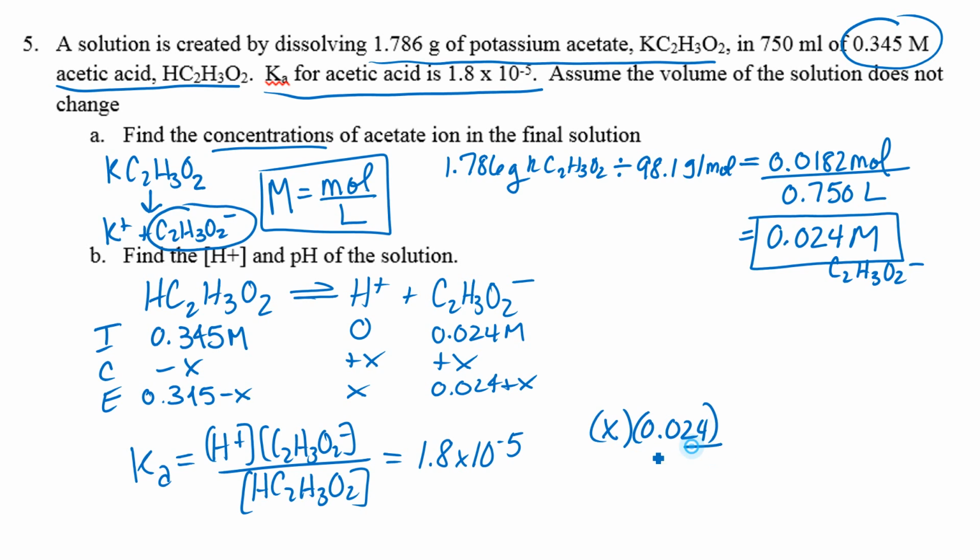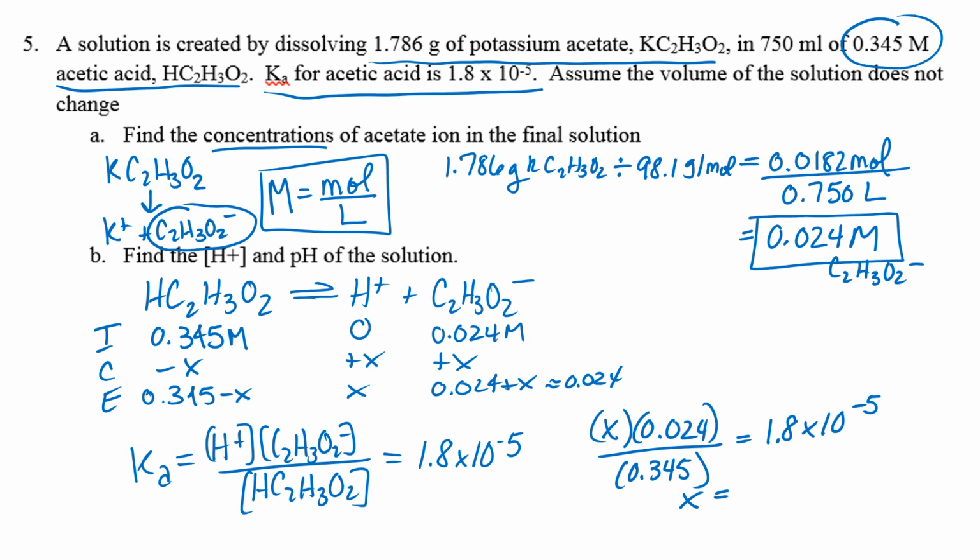And I'm going to assume that K is small enough that I can make the approximation that 0.024 plus X is basically 0.024, because I'm small enough with my K value for that approximation to work. Okay, and then you go through and notice that when you're doing a buffer and solving for X, the math is actually a little bit easier.